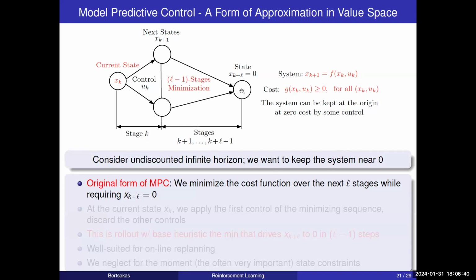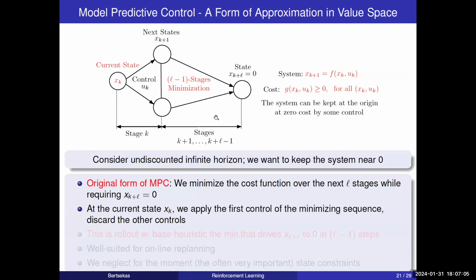So we would like to keep the state near 0. We formulate MPC as aiming to reach 0 in L steps while minimizing the cost. That gives us a sequence of controls that accomplishes this transfer. And we apply the first control of the minimizing sequence and discard all the others.